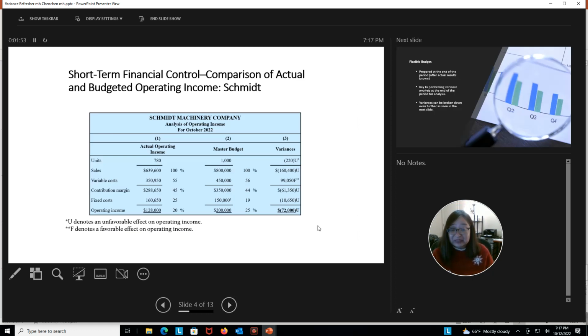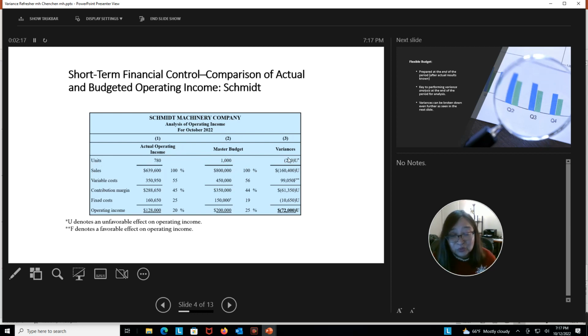Variances can be represented several ways in managerial accounting. So here's a financial statement. We see actual operating income and the master budget. So the master budget is what they think will happen this year. But if we look at the actual versus the master, we will see that the number of units we had planned to sell, we thought we'd sell 1,000, but we sold 780.